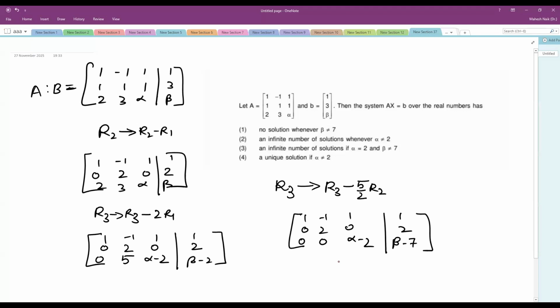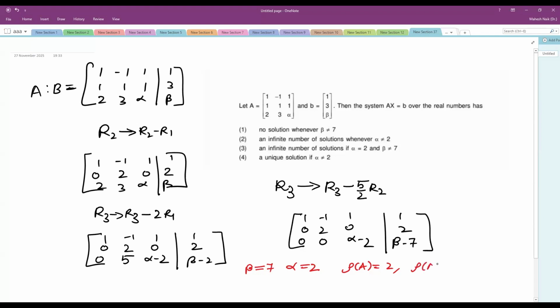Okay, so now the solution in this case. If alpha is equal to 2, we are asked about the different possibilities. So if alpha is equal to 2, what will happen to the rank of A? It will be 2, because we'll have this entire row as 0. Let us also take the condition as beta equal to 7.